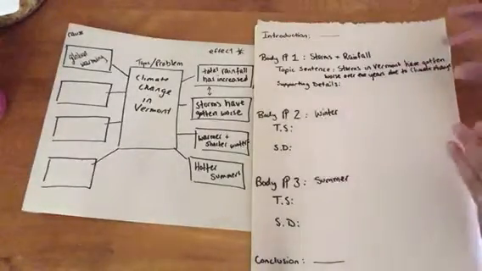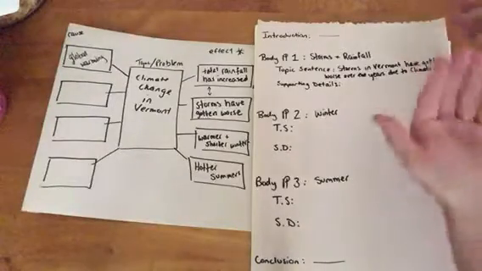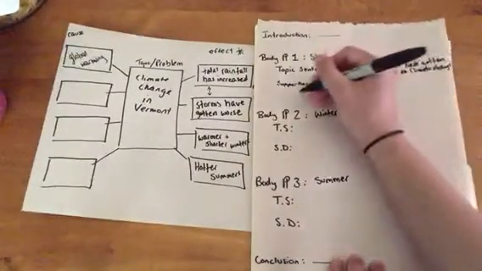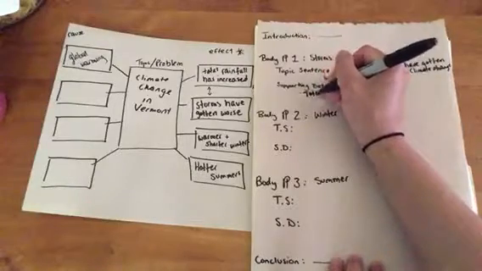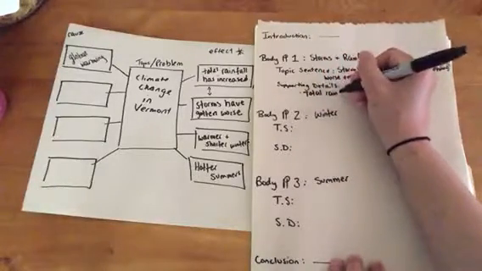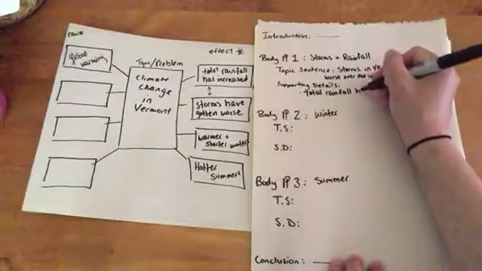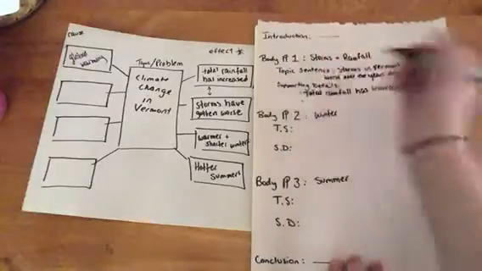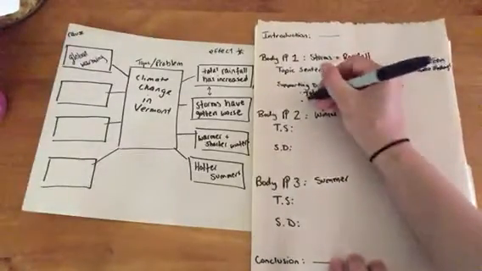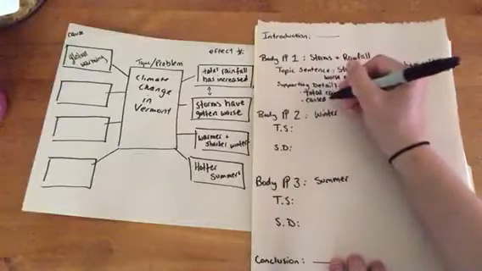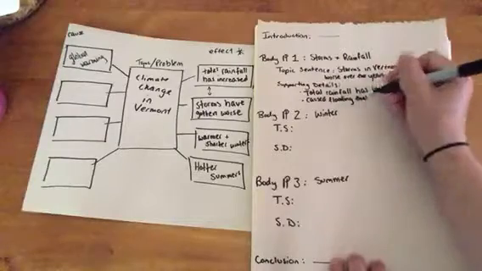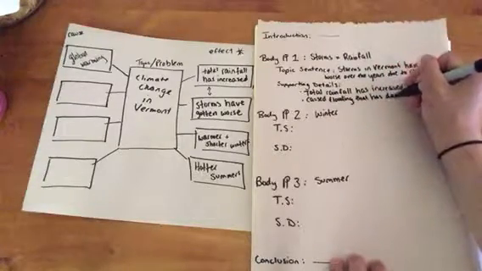So here is my topic sentence, and now I can talk about what are the effects of this. The first thing that I know is that total rainfall has increased. So I'm going to say total rainfall has increased, and that this has caused flooding that has damaged communities.